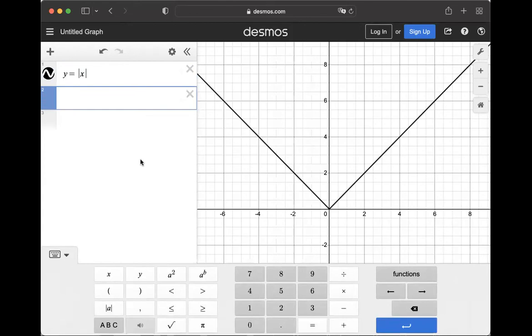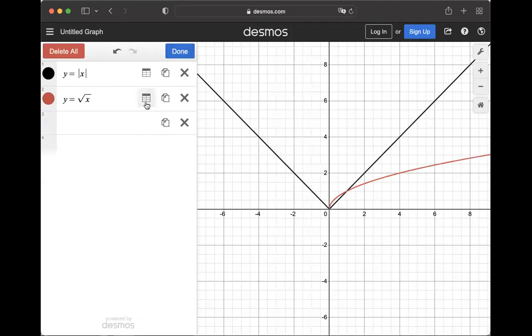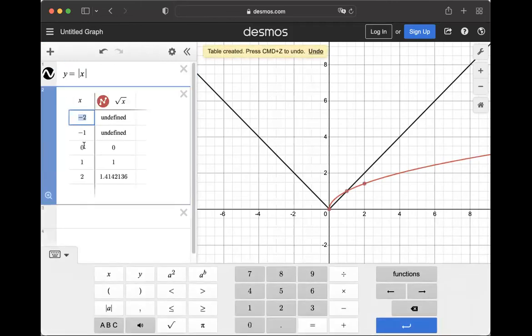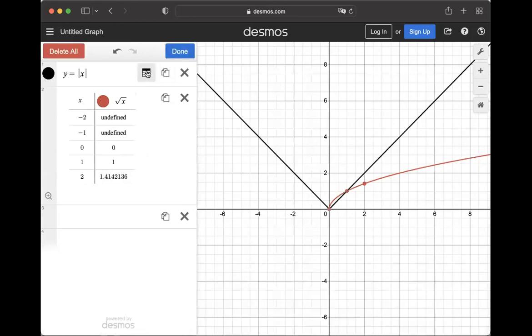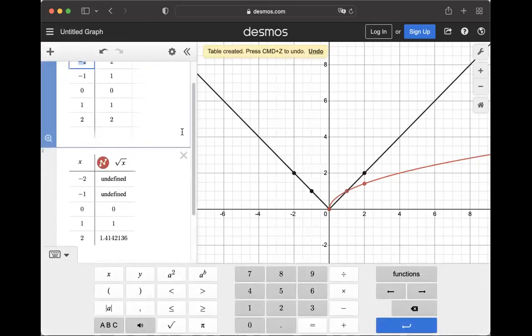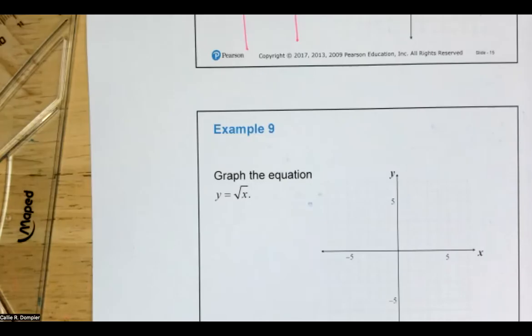Here is y equals, here is the square root of x. Good. And you can get tables. So when x is 0, y is 0 for this one. When x is 1, y is 1. When x is 2, y is the square root of 2. Up here, you can look at the table as well. Good. All right.